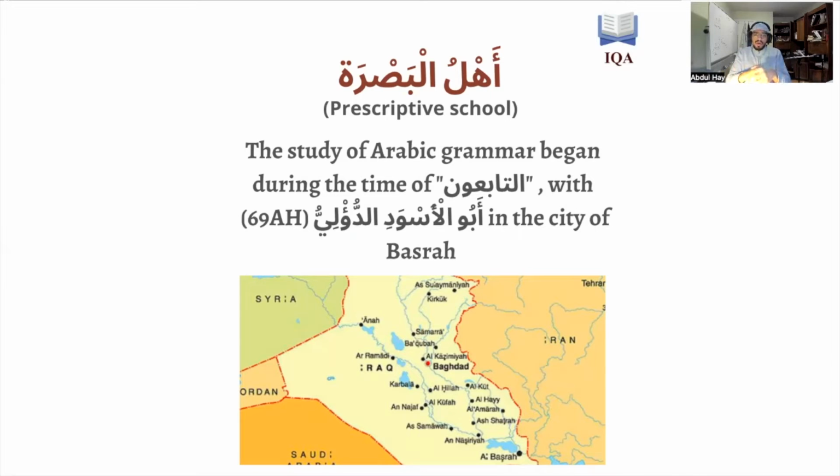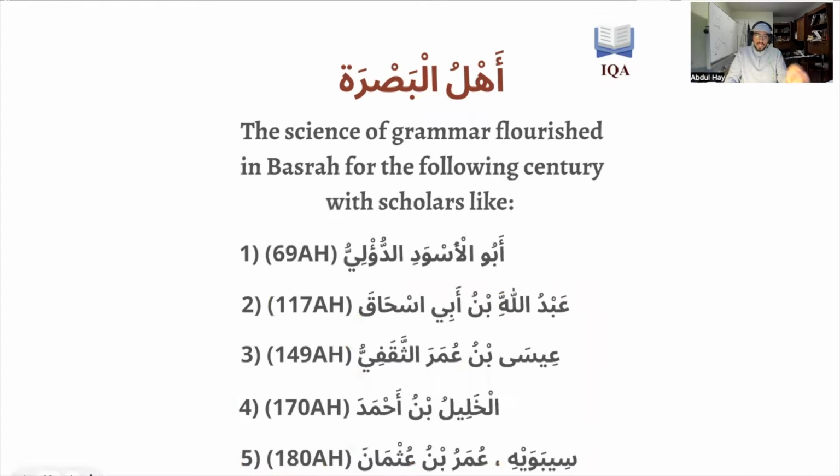So the study of Arabic grammar began during the time of the Tabi'un, with Abu Aswad al-Du'ali in the city of Basra, and according to one narration, it was by the order of Ali ibn Abi Talib, may Allah be pleased with him. The school of Basra started studying this with the scholar, and other scholars came.